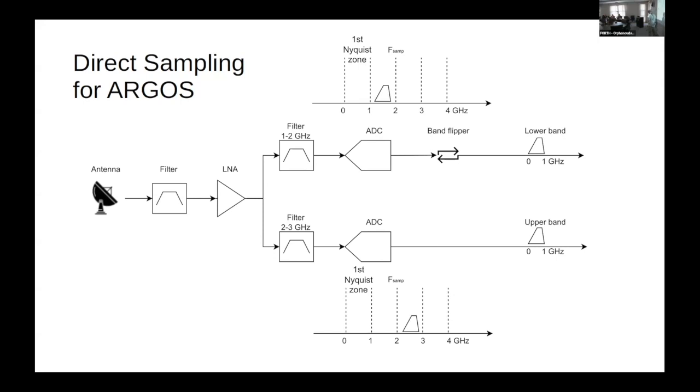And then the signals from 1 to 2 gigahertz and 2 to 3 gigahertz will be folded back into the Nyquist zones by undersampling techniques. After the ADC sampling, we get the upper band signal from 1 to 2 gigahertz and the lower band from 2 gigahertz, and the upper band from 2 to 3 gigahertz.